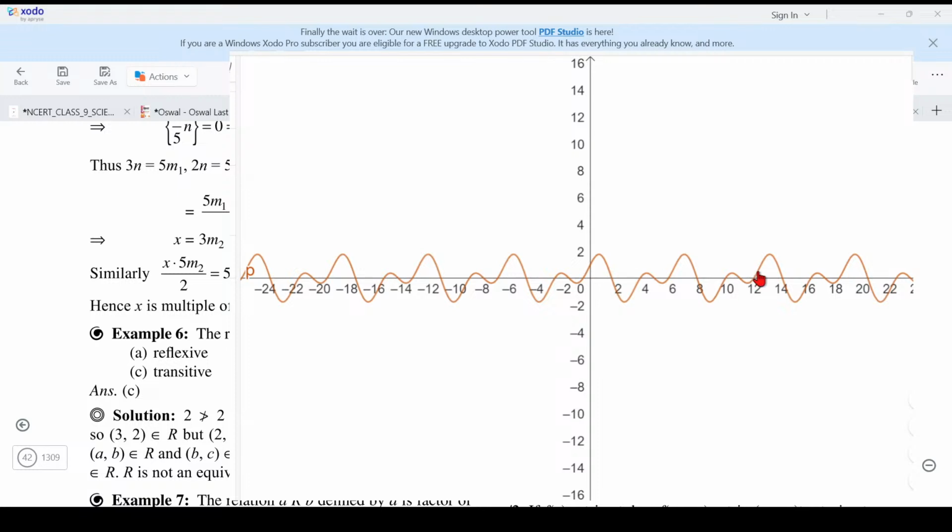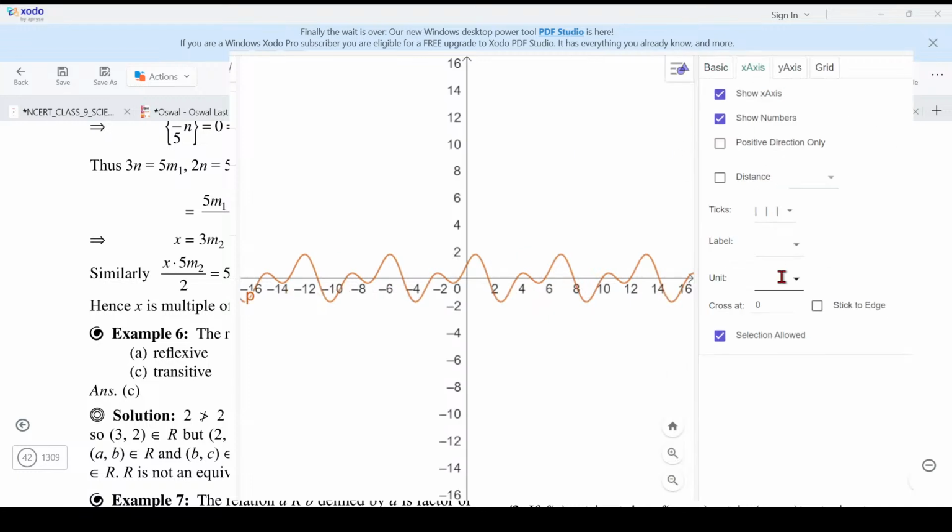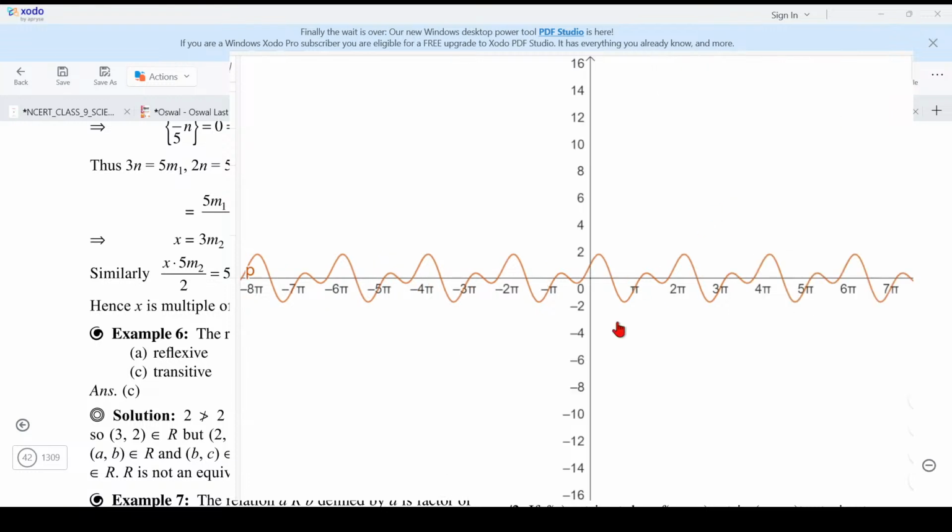Look at the graph. If you want, I will change this to pi's. Just look at where exactly it is repeating. It's still repeating at 2 pi.